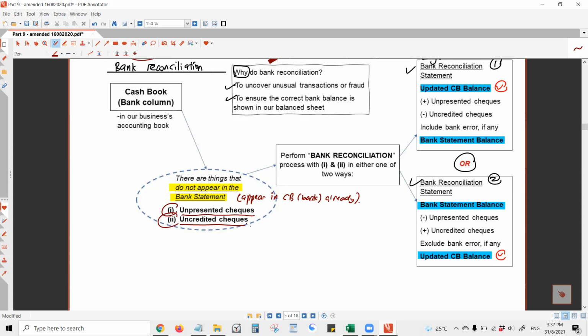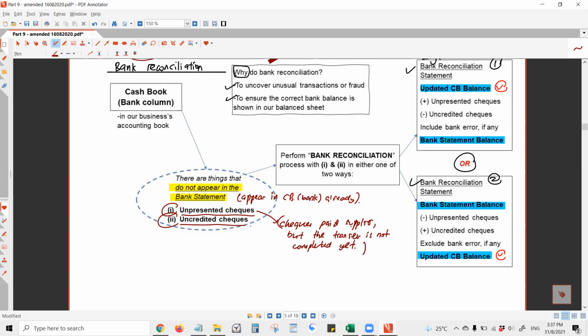Let me first explain what they mean. Unpresented checks means checks that you pay to the supplier, but the transfer is not completed yet.